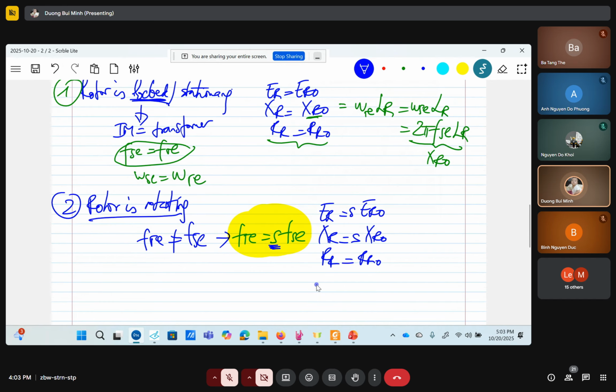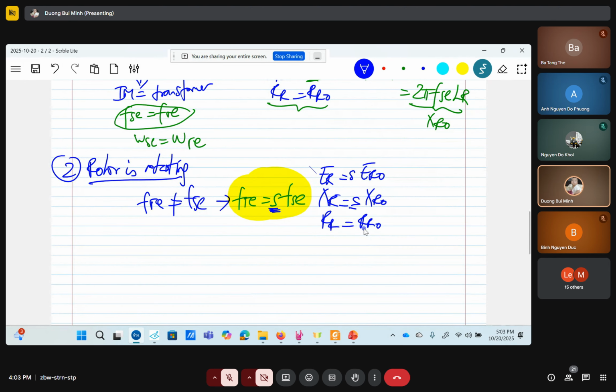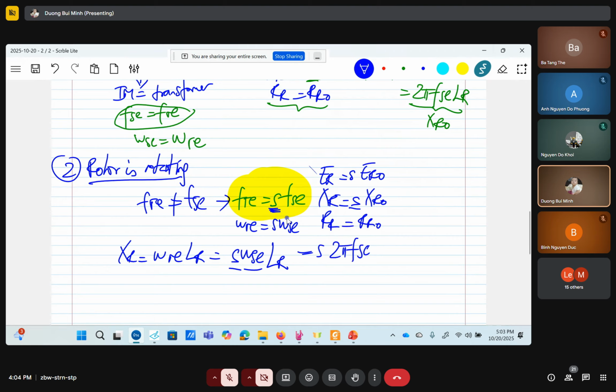So why do we have S here? Because XR becomes omega RE times LR. Now omega RE is S times omega SE. So now you get S omega SE LR, or you get S times 2 pi FSE LR.